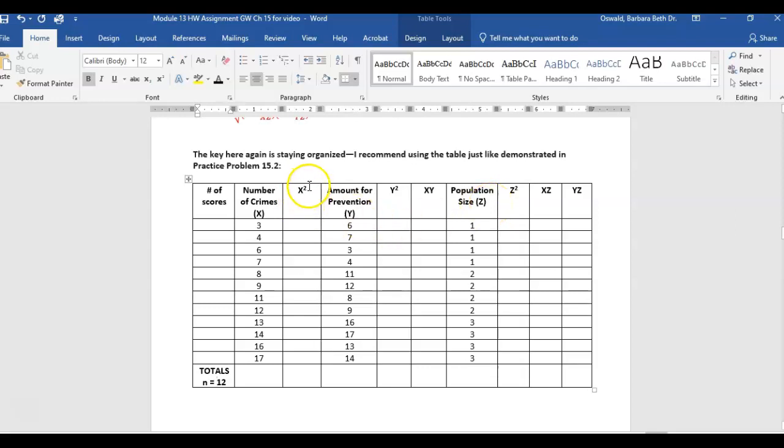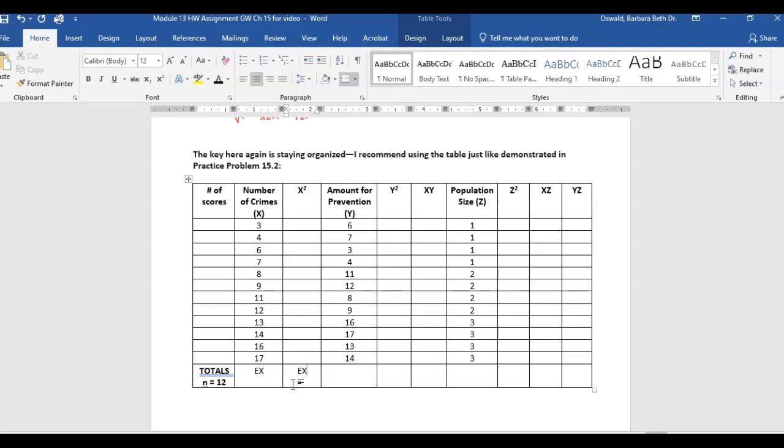Here you're going to need to get x squared values, y squared values, and x times y values. Then you're going to need to get z squared values, x times z values, and y times z values. So just keep careful records of that. And then down here, we're doing the sum of x, right?